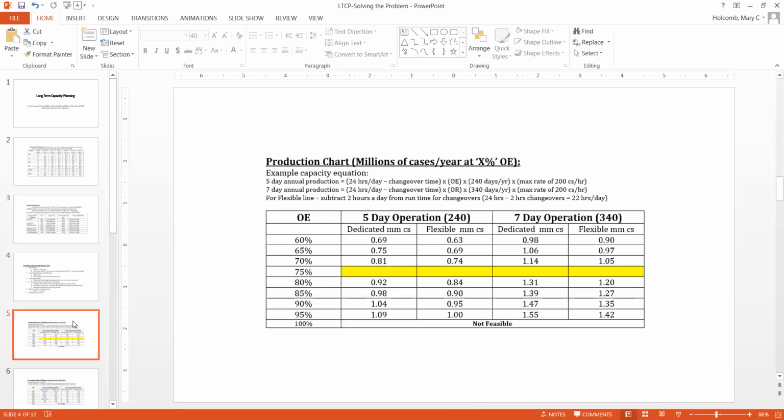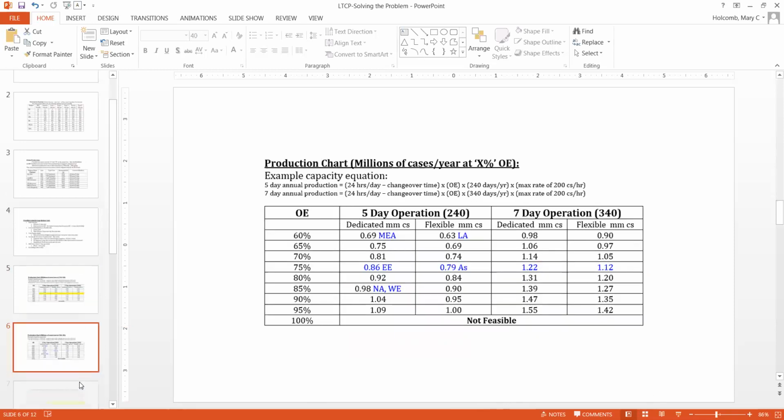So let's start where we left off last time in terms of the production chart. You were asked in the in-class exercise to get familiar with how we would do these calculations, and you were asked to do it for the 5-day and the 7-day operations for both dedicated and flexible for the 75% operating efficiency.